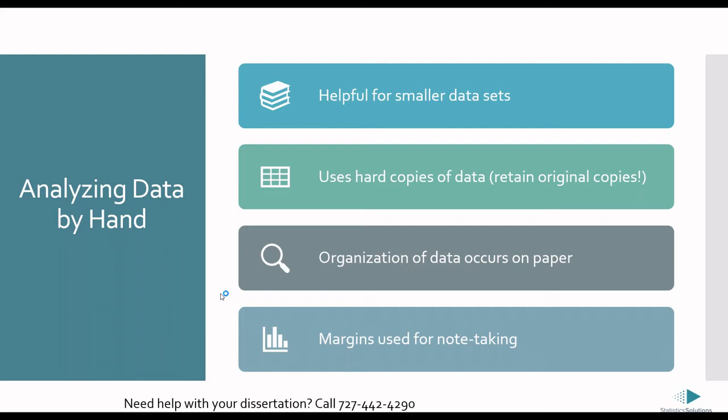And I know that sounds strange because that is a computer program. But in the coding process, you are highlighting or sort of taking out the important statements that participants have made. And so you can do that with a highlighter and a physical copy of paper, and you can also use a highlighting tool in a word processing program to do that.